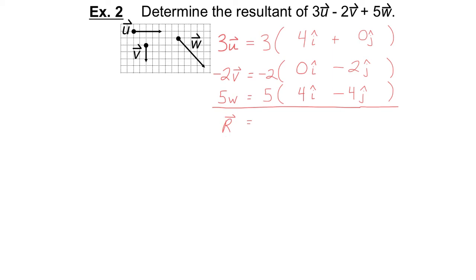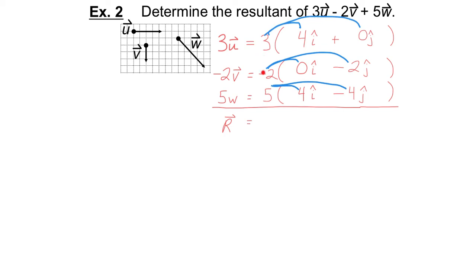Now, this is where you've got to be careful. The coefficient of 3 in front of the brackets means each term is multiplied by 3. So we've got 3 times 4 and 3 times 0 here, minus 2 times 0, minus 2 times minus 2, 5 times 4, 5 times minus 4. So make sure you do all those multiplications.